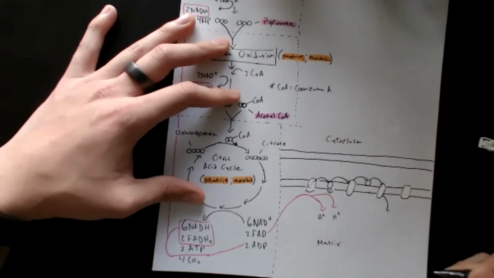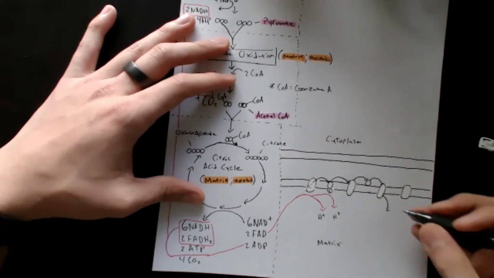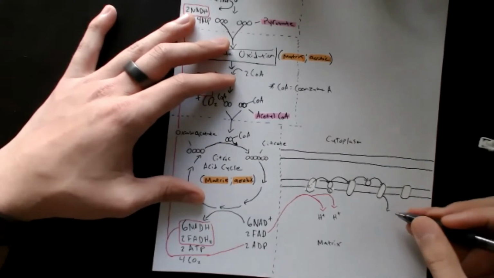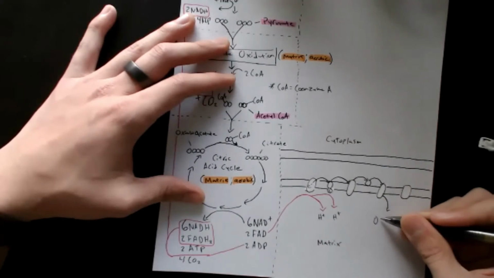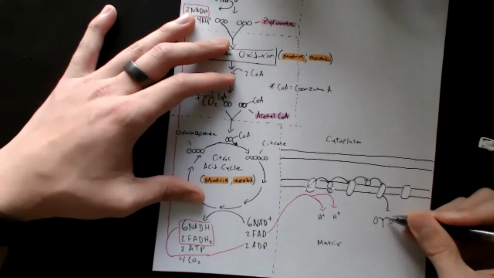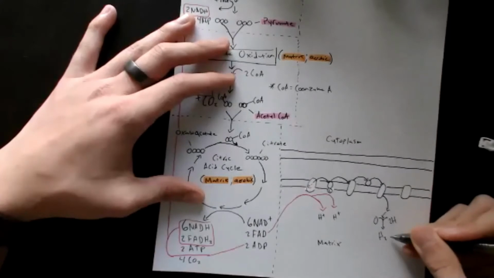And we know its last stop, it wants to combine with oxygen. We'll just say O and 2 hydrogens all combine together to make H2O. It's one of your products.